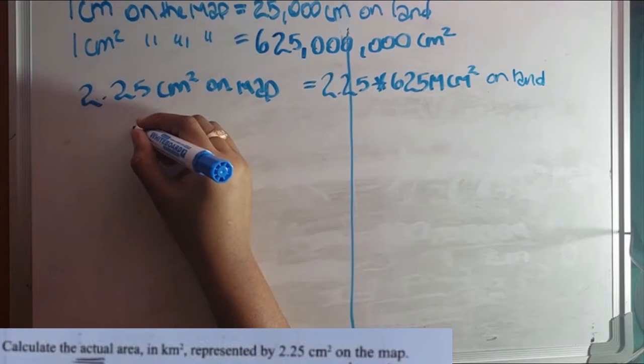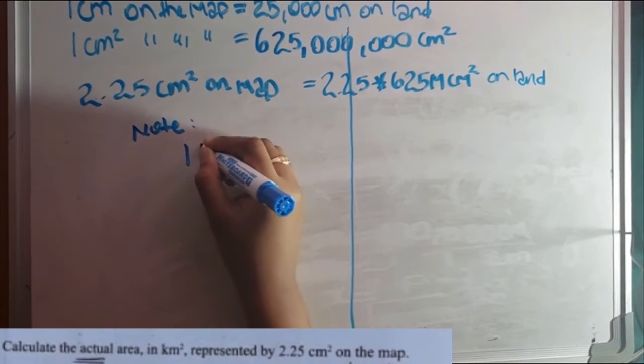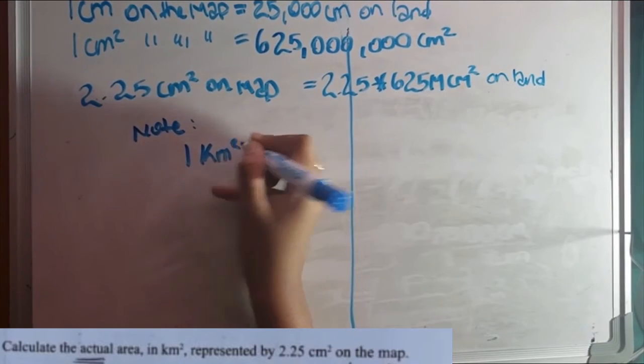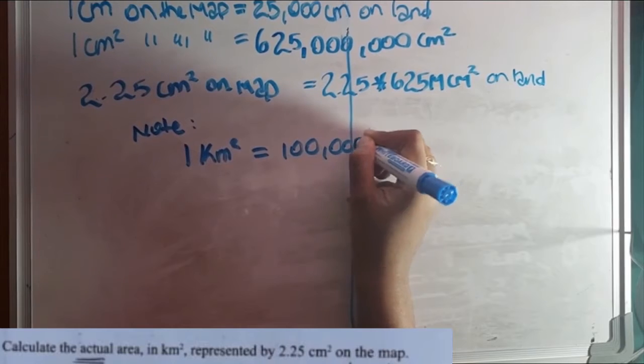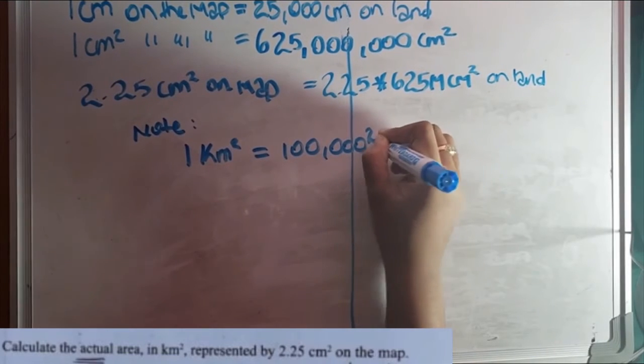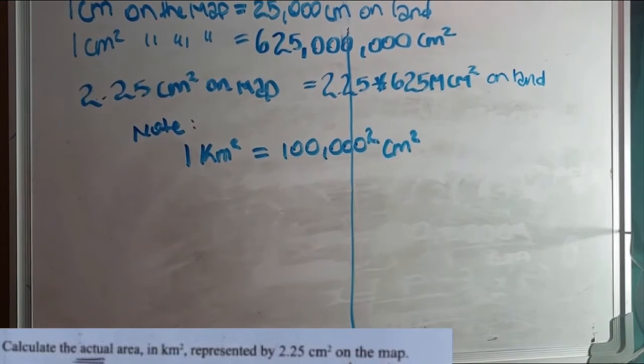We know that, so note 1 km squared is equal to 100,000 squared centimeters squared. It's a lot of words, but just keep with me.